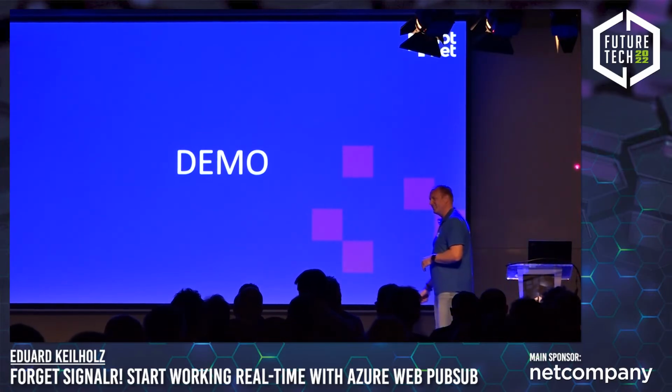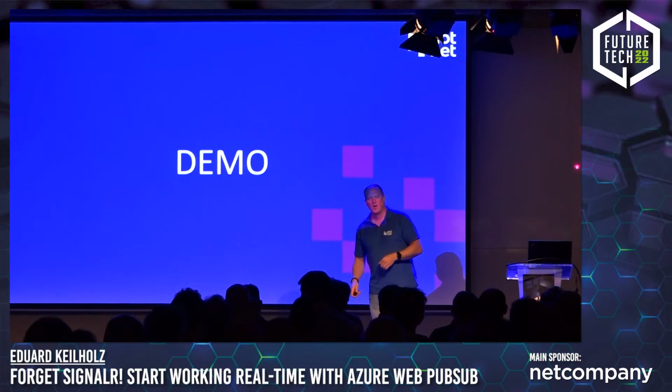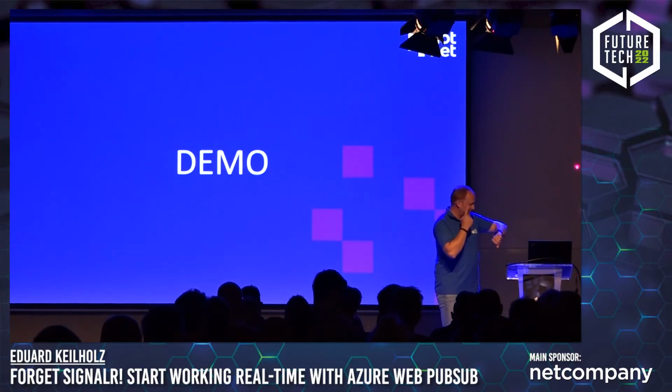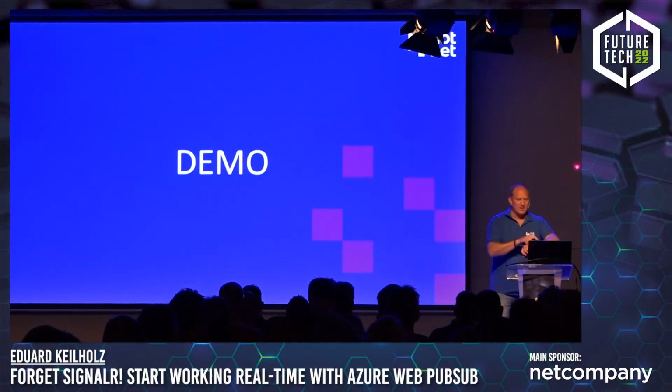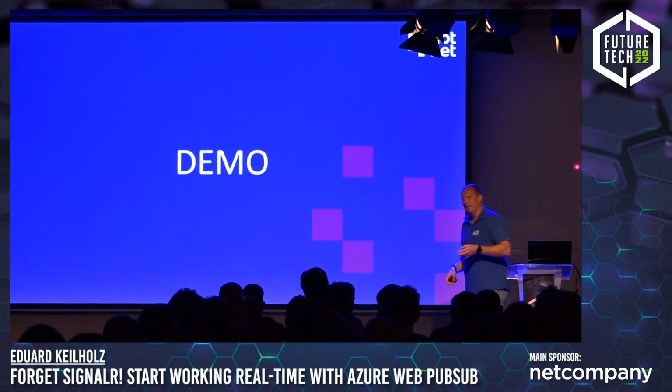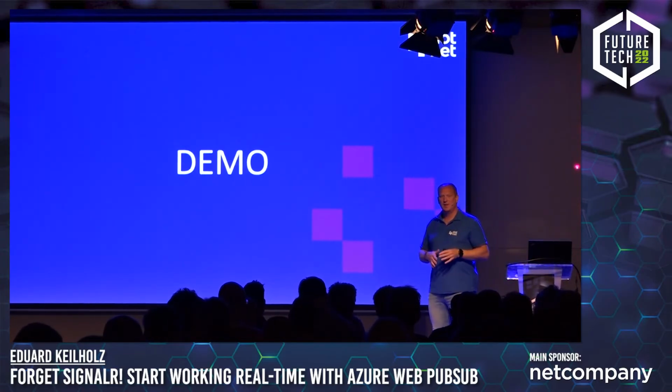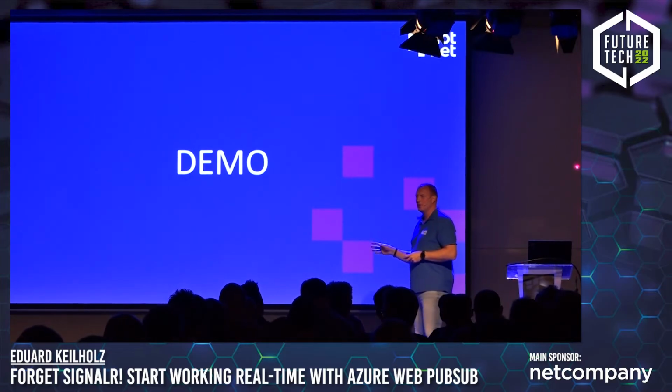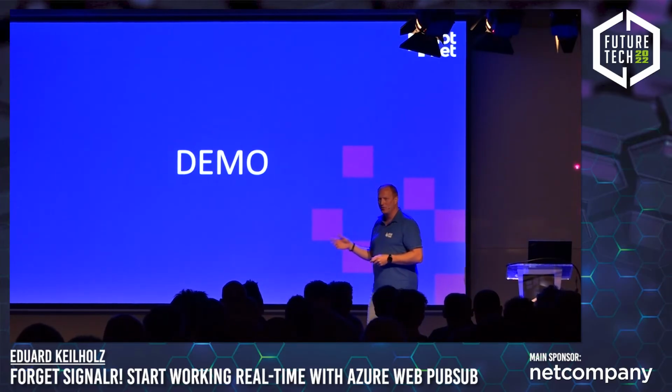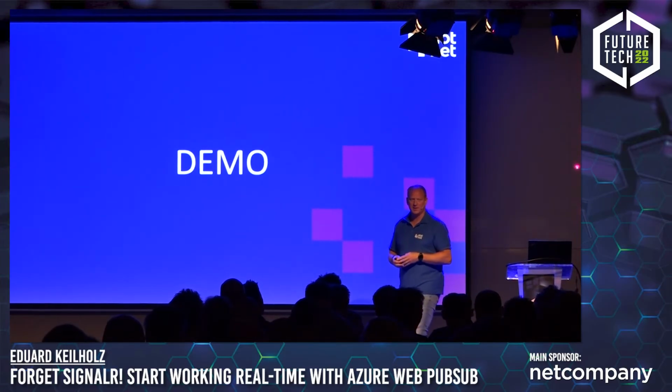Let's just go ahead and get back to my demo. I'm a little bit early. So once again, there's no need to move away from your SignalR solution if you're already working with a SignalR solution.